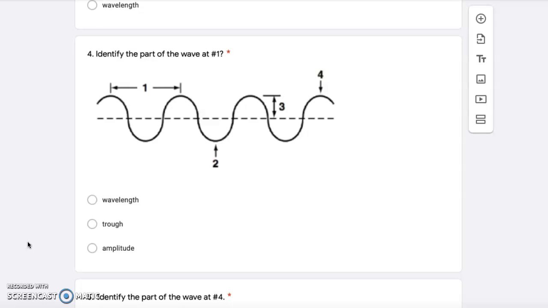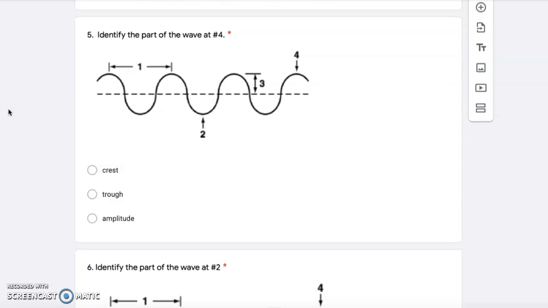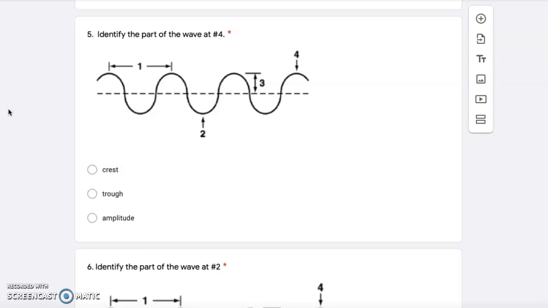Number 4. Identify the part of the wave at number 1. So right here. Wavelength, trough, or amplitude. Number 5. Identify the part of the wave at number 4, which is over here.